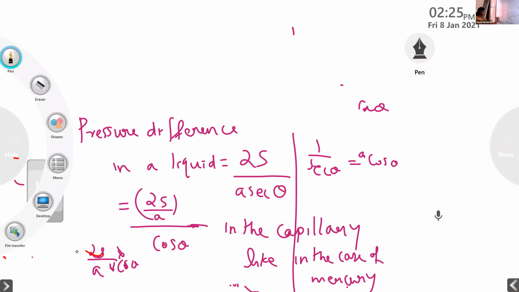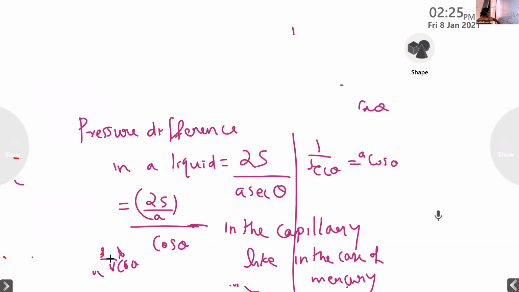Otherwise, cos theta alone cannot be a component, there should be a value. If cos theta is negative, the liquid will be lower in capillarity. And if cos theta is positive, a liquid will be higher in capillarity, just like water. Okay?